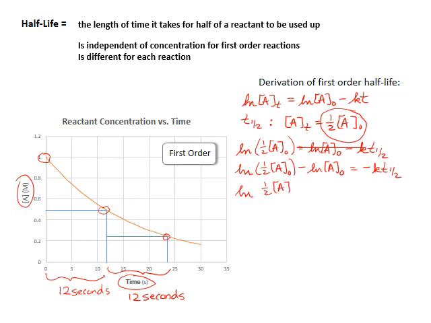When you subtract natural log terms, you can combine them into one natural log and make it a fraction. And when we do this, we'll see that the initial concentration of A is going to drop out from the left side.